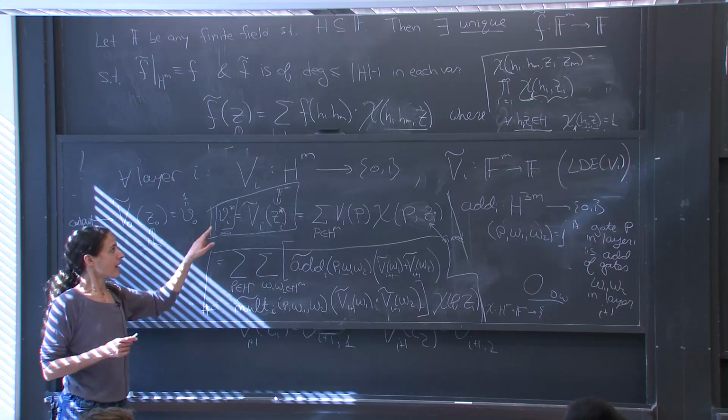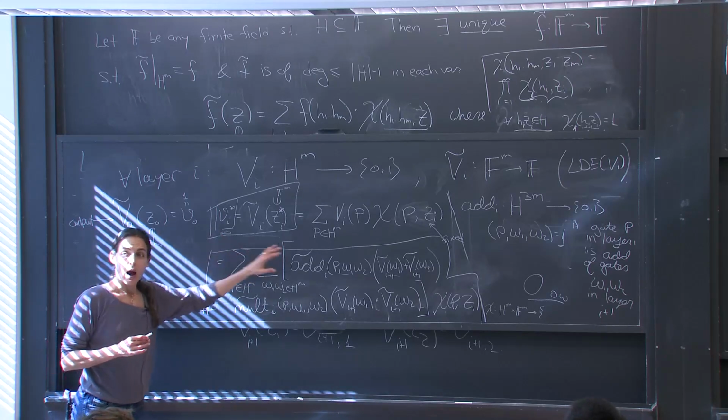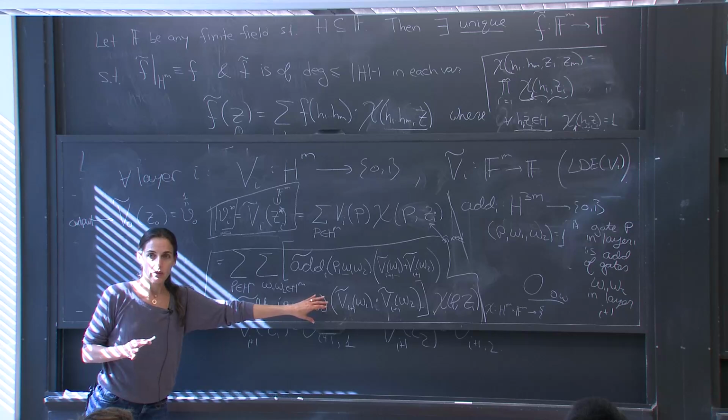So the claim is that V_i star is equal to a sum of multivariate low-degree polynomials.